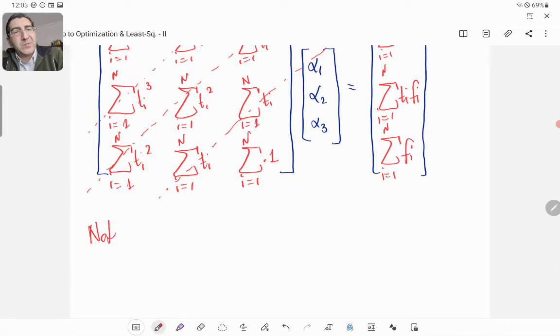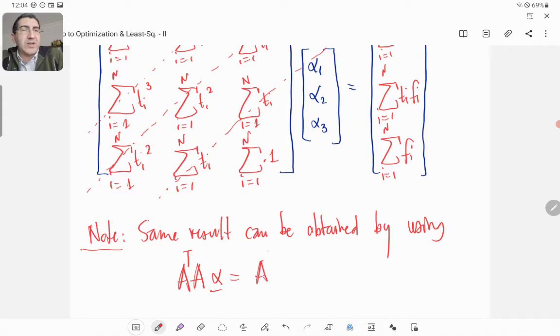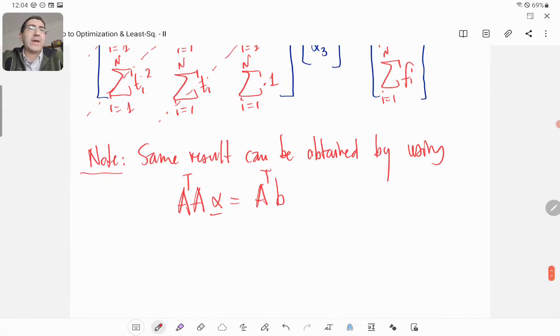And note, as we have done for the previous example, the same result can be obtained by simply using A transpose A alpha equals A transpose B, if you write the A and B matrices in terms of the given n data points. Okay, all right, so that concludes our discussion.